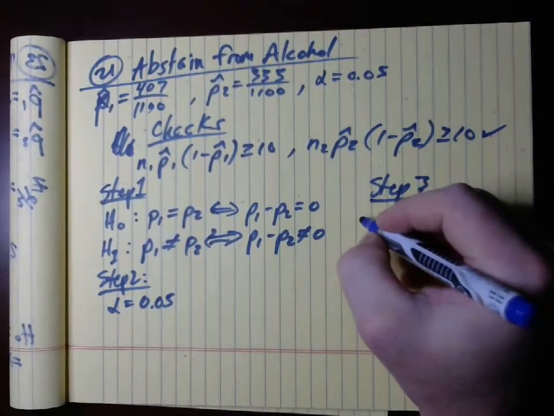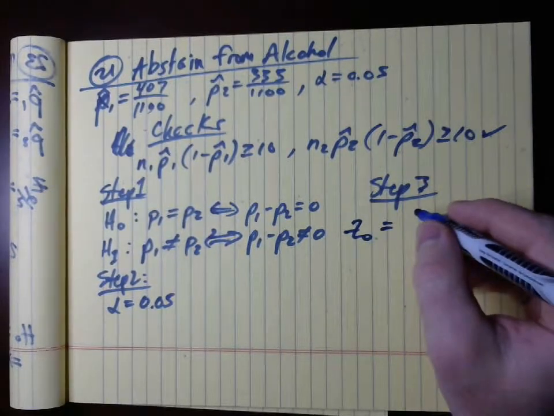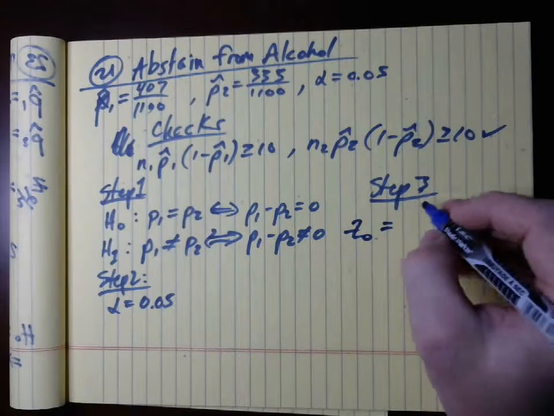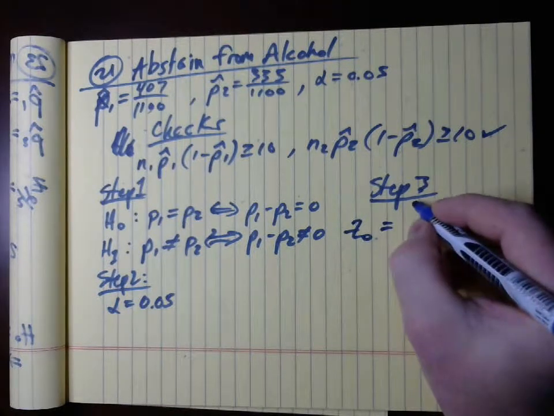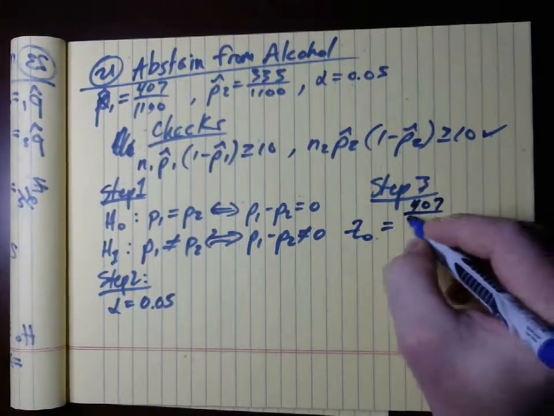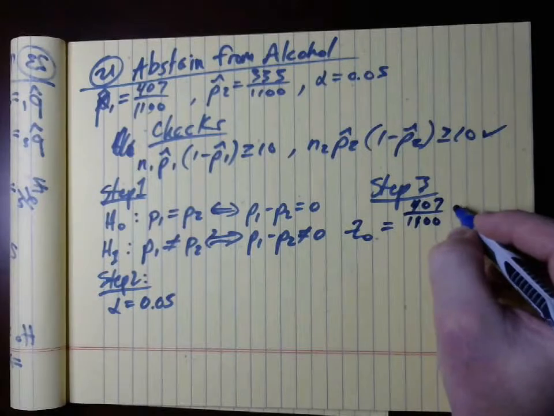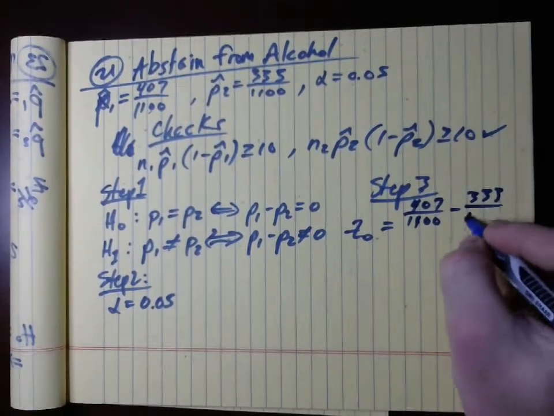Now step 3. Z naught is equal to P hat 1 minus P hat 2, so that would be 407 over 1100 minus 333 over 1100.